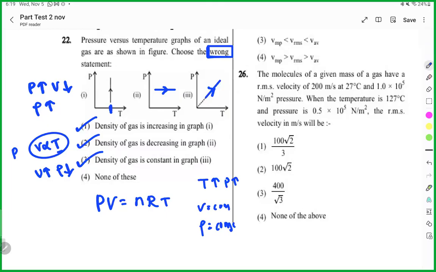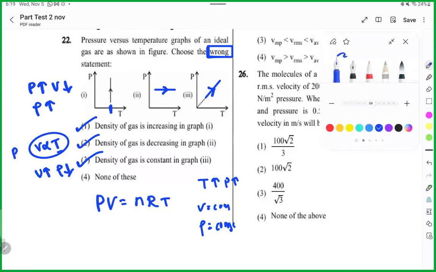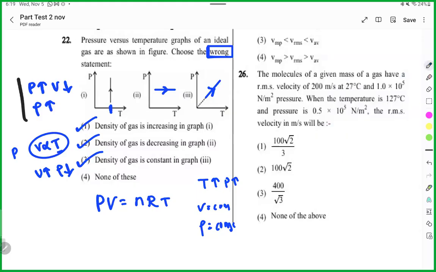So all are correct. No one is wrong. Yes or no? And none of these. Why? Because in the first case, temperature is constant, so Boyle's law. Second case, temperature is increasing but pressure is constant, Charles law. Third case, pressure directly proportional to temperature, Gay-Lussac law.